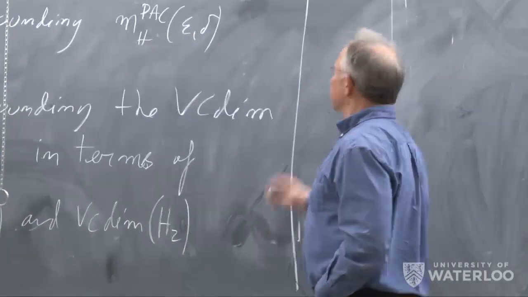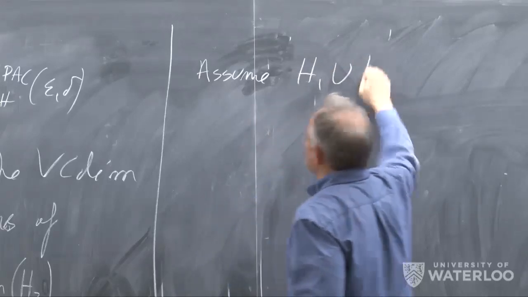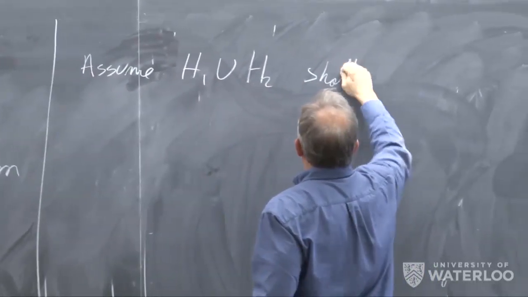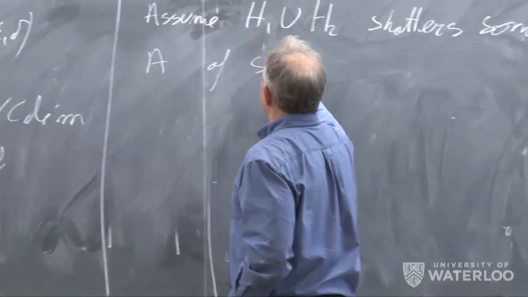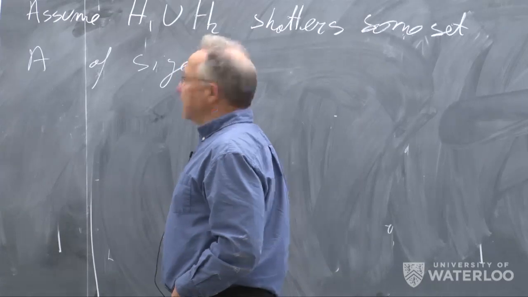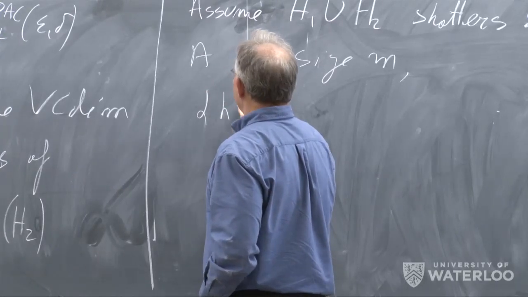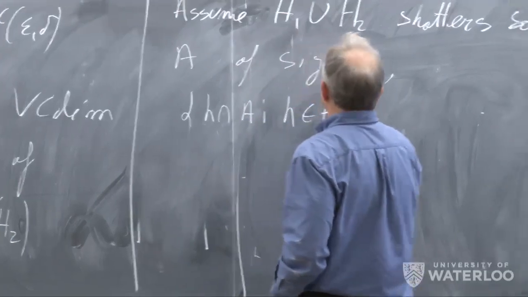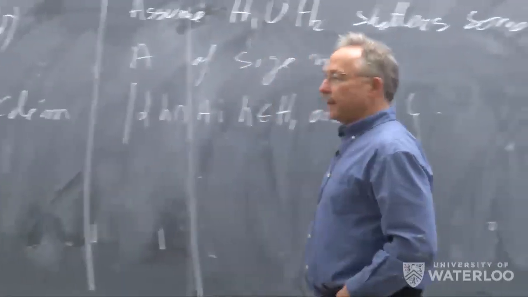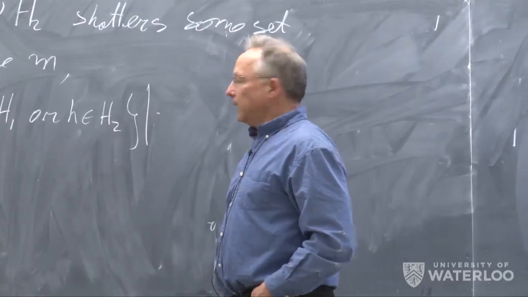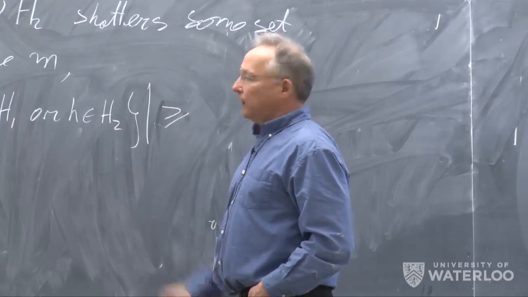So assume H1 union H2 shatters some set A of size M. What it means is that the set of all H intersection A, such that H comes from H1 or H comes from H2, this set must have size at least what? If the union shatters the set of size M, what can I say about this size?